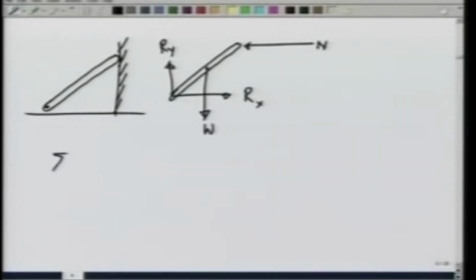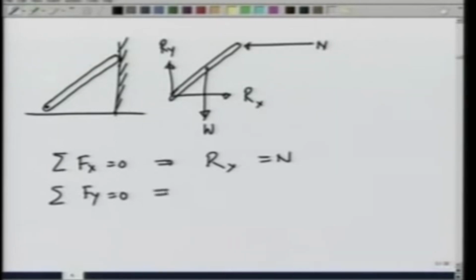The equilibrium condition summation Fx equal to 0 gives Rx equals N. Summation Fy equal to 0 gives Ry equals W.